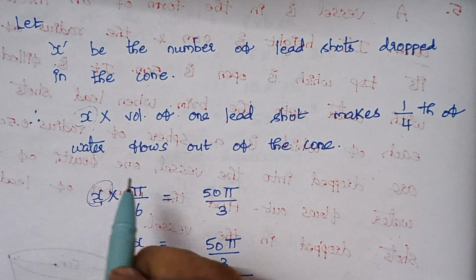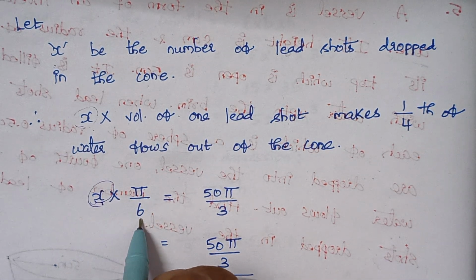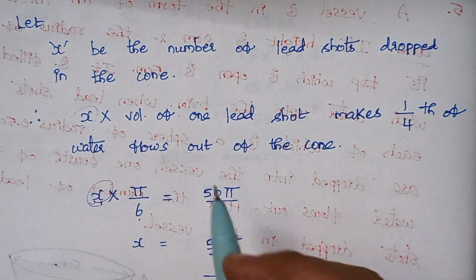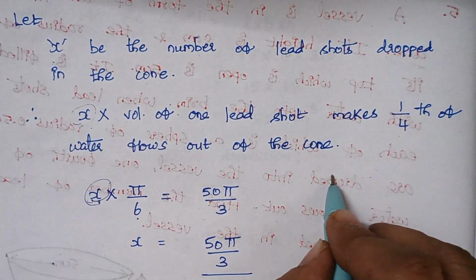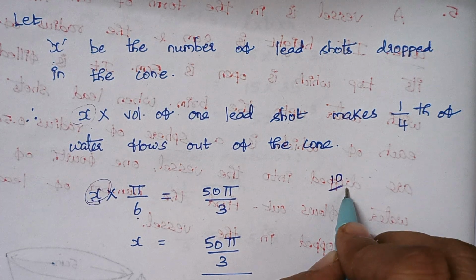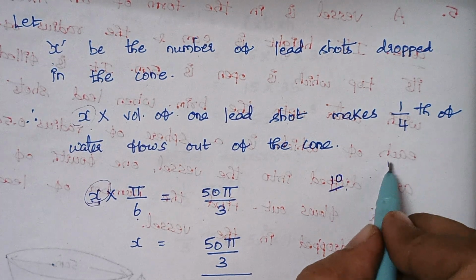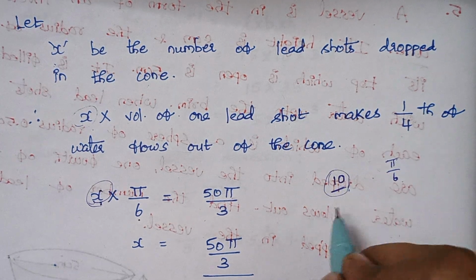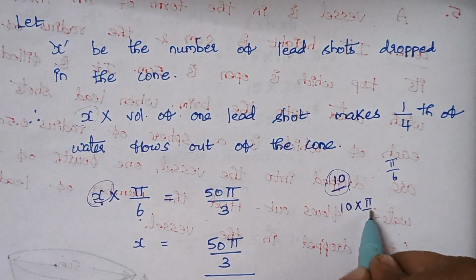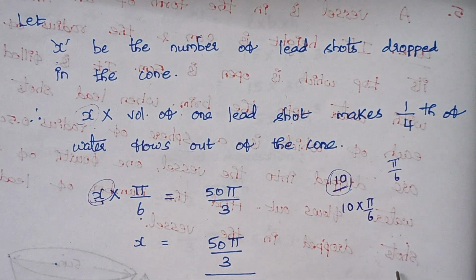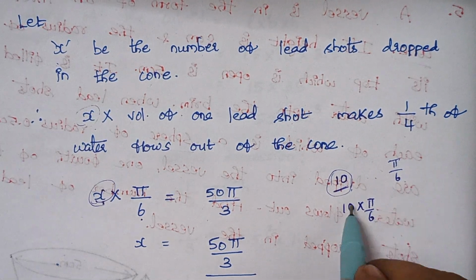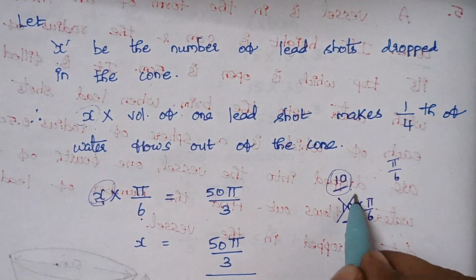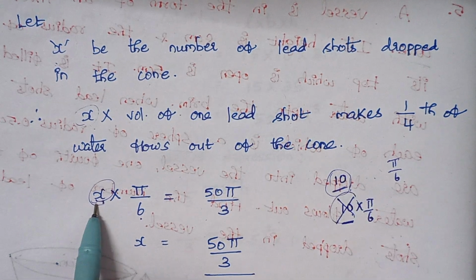It is pi by 6, right? For example, suppose we are dropping 10 lead shots. Volume of one lead shot is pi by 6. Now what about the volume of 10 lead shots? It is 10 into pi by 6. Understand? The same thing, but now we don't know this value, so we are keeping it as x.